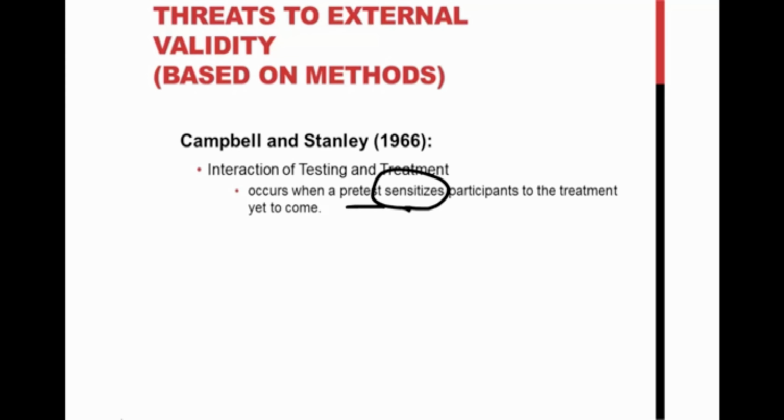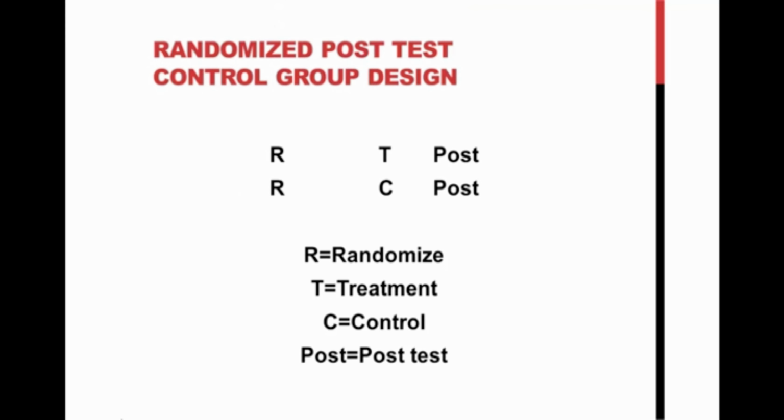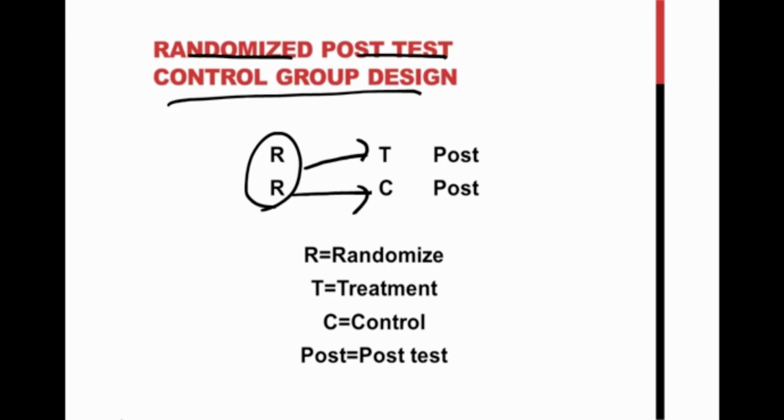How do you deal with the pretest that sensitizes participants? Well, one of the things that you can do is when you design the study, you can do what we call a randomized post-test control group design. Within this design, we randomly assign participants to a condition, either our treatment condition or our control condition, and then we measure them only at the end of the study.